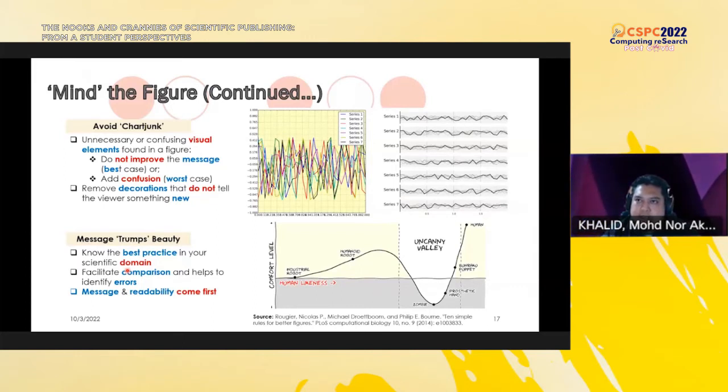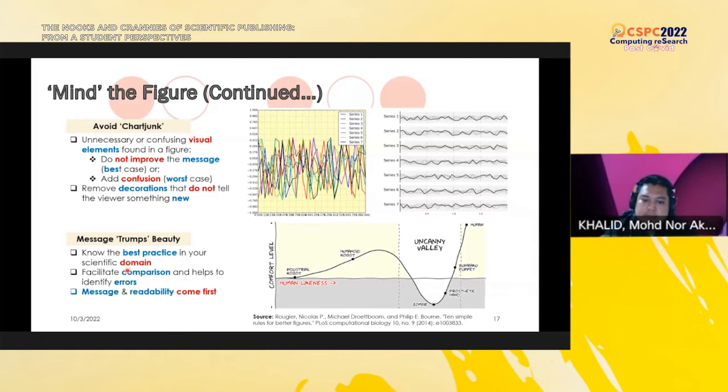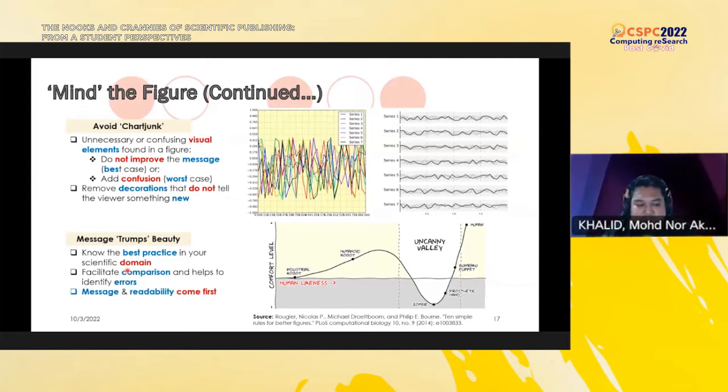Let's say in machine learning, for example, you have confusion matrix and so on. So don't reinvent the wheel. Just use the same thing that other people use very clearly, because it facilitates comparison and helps to identify errors.